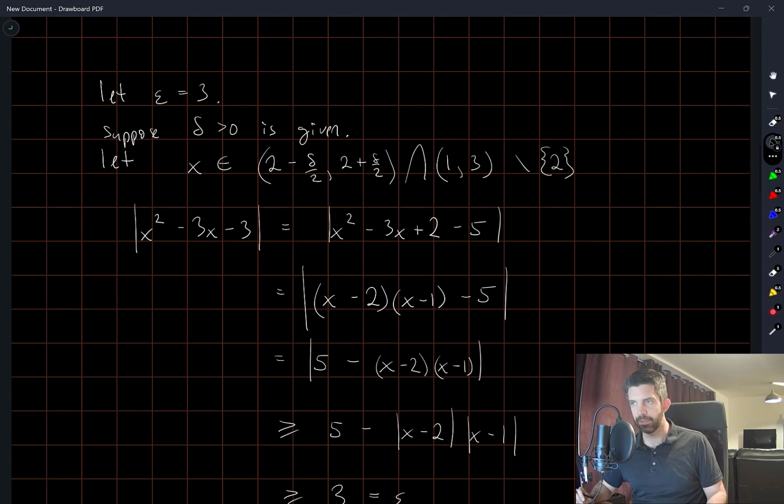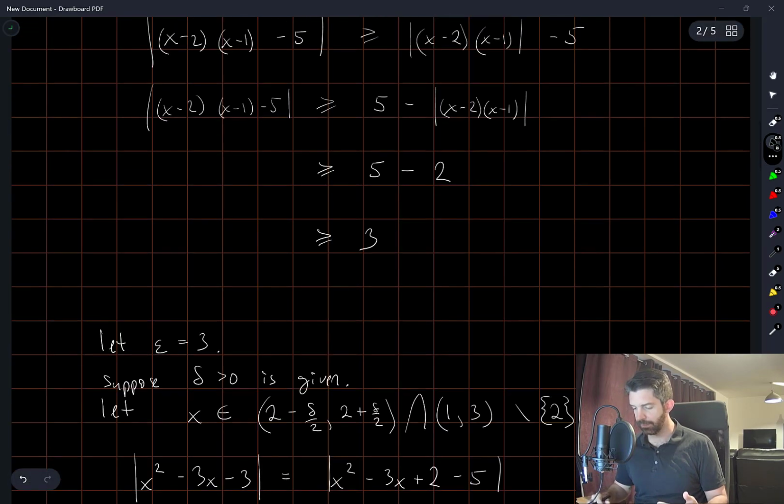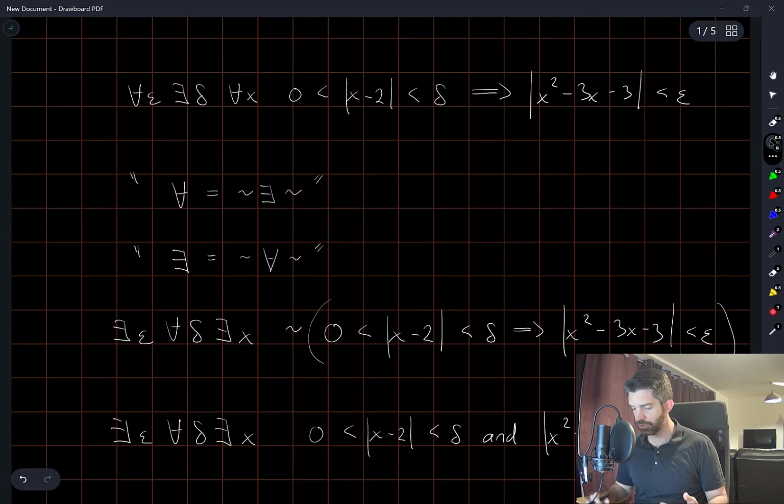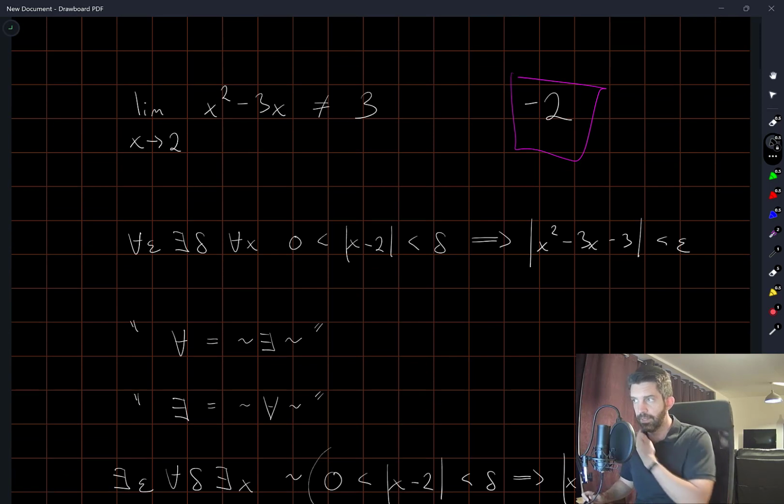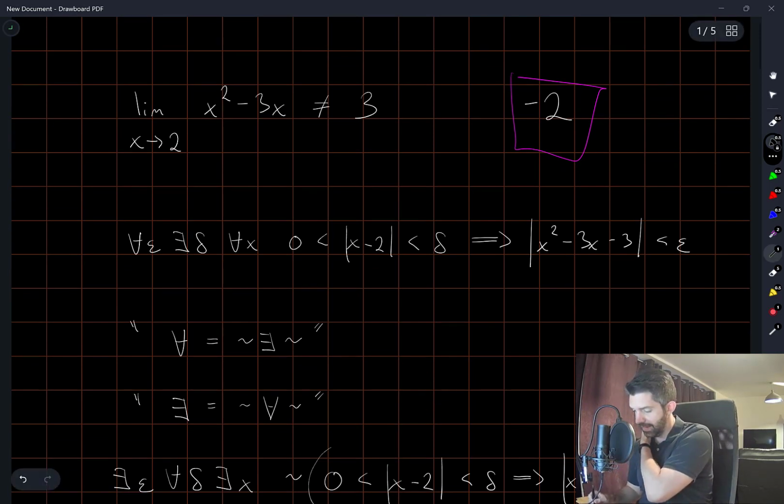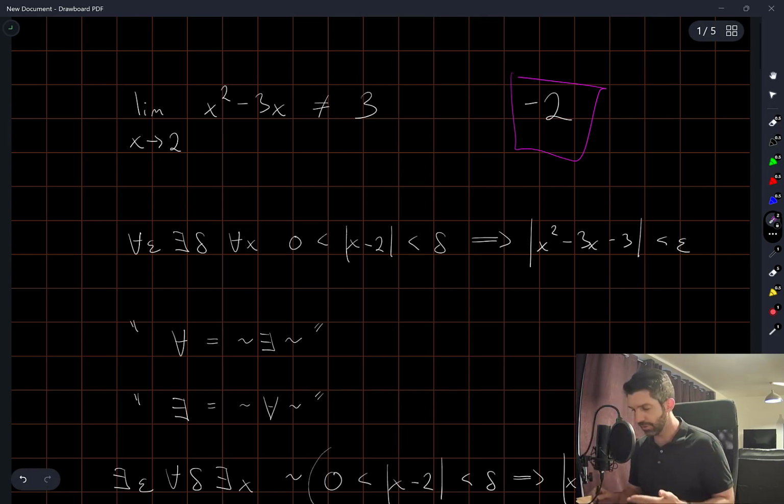Some of the examples that I'm going to do in other videos very shortly do require that, but usually this type of argument would be used to show that a limit does not exist, not that a limit is not equal to a particular value, especially when you know what the correct value of the limit is supposed to be. So this is kind of weird, and it didn't go as smoothly as I thought it would.